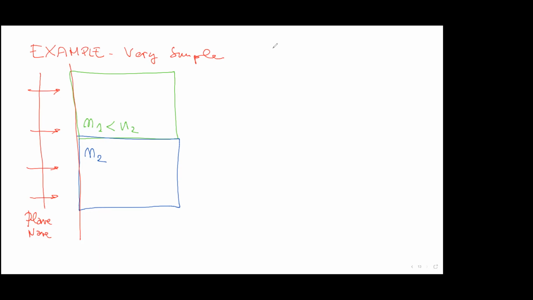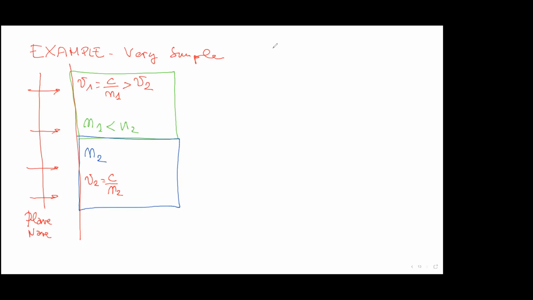Here you have a propagation speed V2 that is C over N2. Here you have a propagation speed V1 that is C divided by N1. Since N1 is smaller than N2, the speed V1 is larger than V2. So the two speeds are different.